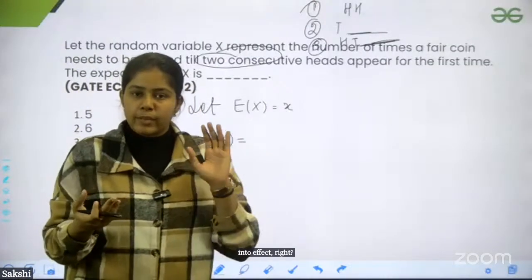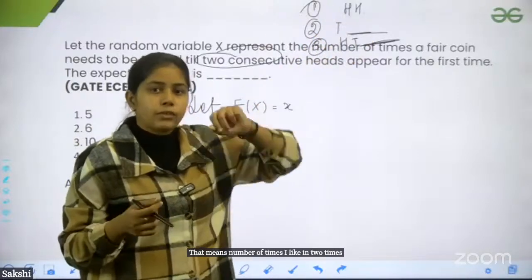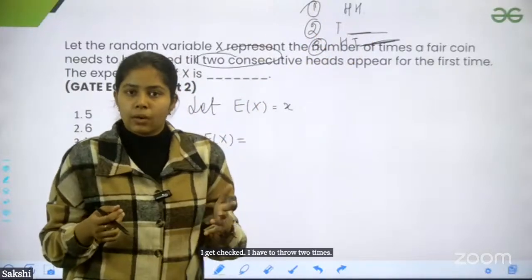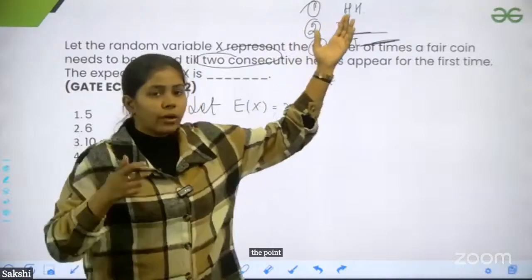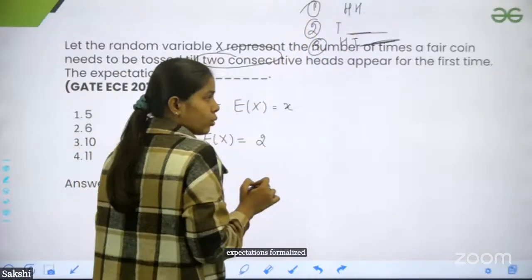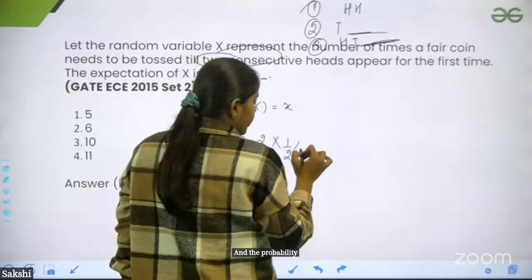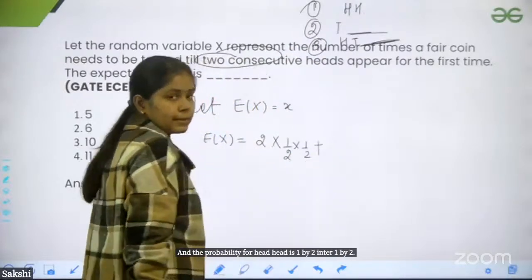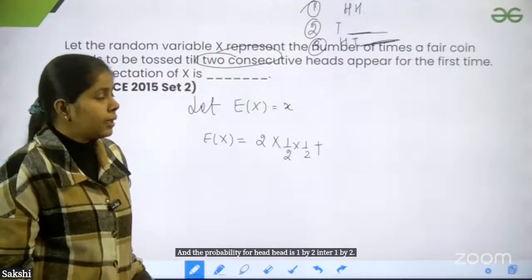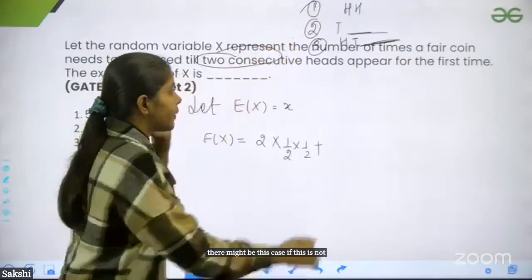I have to toss the coin two times and get heads both times. So X equals 2, and the probability is 1 by 2 into 1 by 2, plus. This is one thing. Now there might be another case. If this is not the case, then the second one is the case.